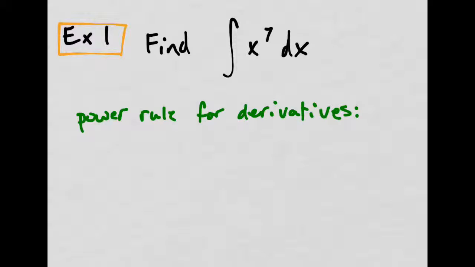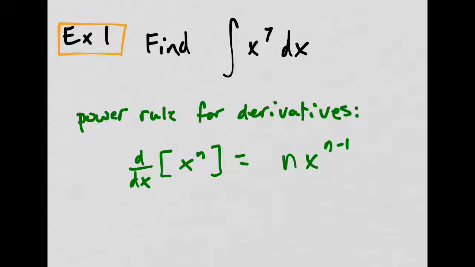Actually, you can write it down if you want to. The power rule for derivatives means if you take the derivative, d dx, of some polynomial x to the n, remember, you just bring down the exponent and then subtract 1. So that would be n in front, and then x to the n minus 1.